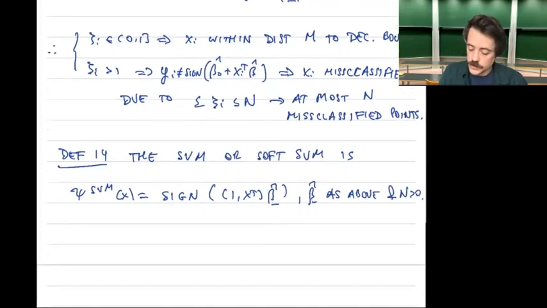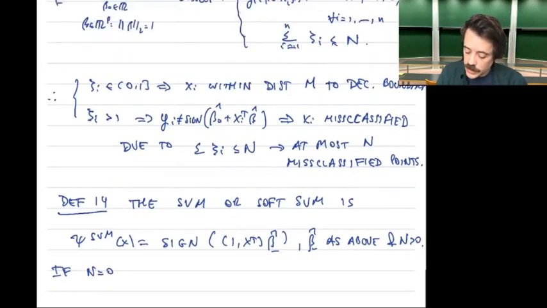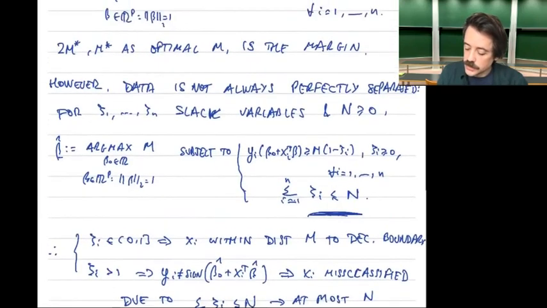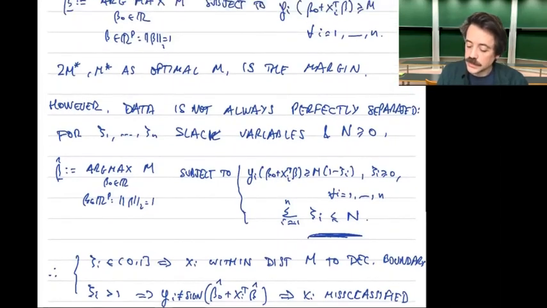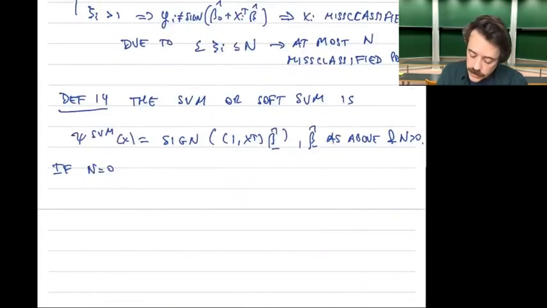Why am I saying this? Well, if capital N is equal to 0, then just look at the problems. If capital N is equal to 0, then we don't have this condition. Then all the xi's, well, we do, but all the xi's are 0. And if all the xi's are 0, then we're back to the original optimization problem that I gave. And so this has a name, actually. If N equals 0 and the classifier exists, because it may be that it doesn't, right?